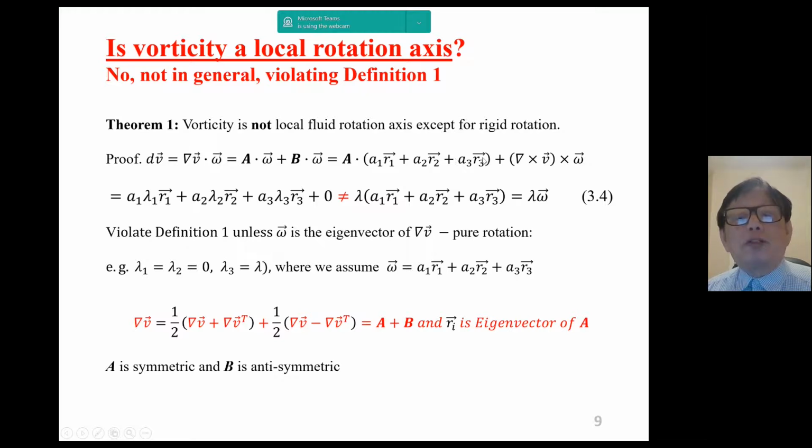R1, R2, R3 are eigenvectors of A, so A R1 equals lambda 1 R1, etc. We cannot take the lambda out, because lambda 1 is not equal to lambda 2 and lambda 3.